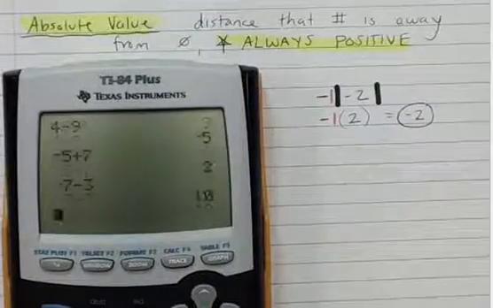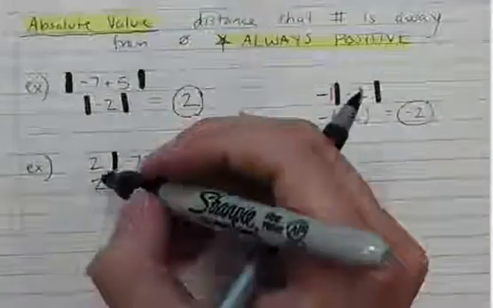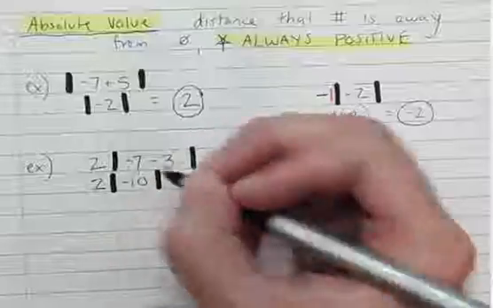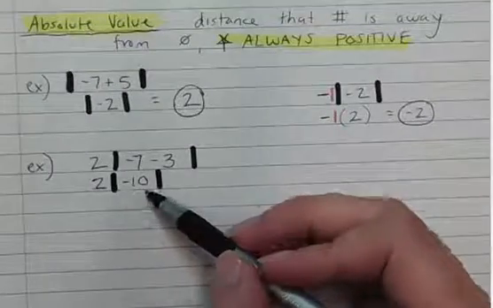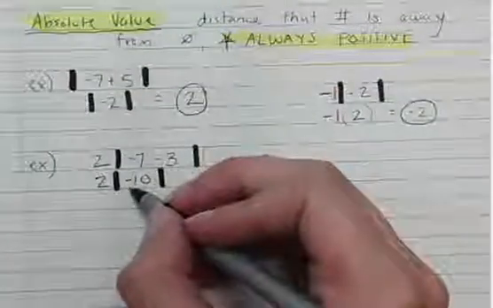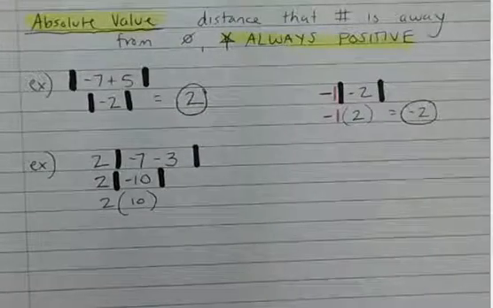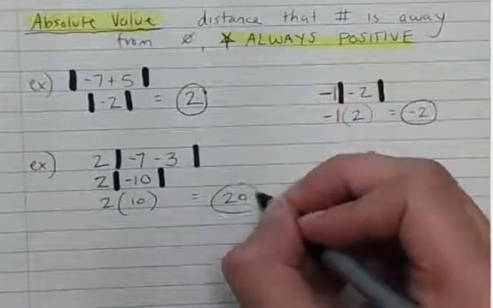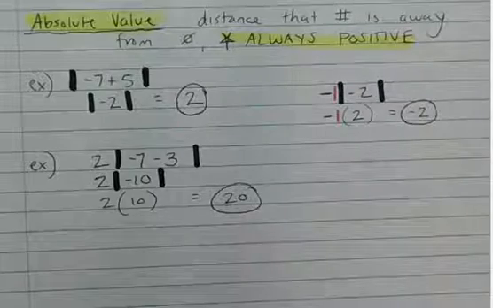Push enter, I get -10. So I have 2 absolute value bars with -10. Since I simplified that down to one number, I asked myself how many units away is -10 from 0, and that answer is a +10. And the last thing I do is multiply 2 times 10, which is 20. Just follow it step by step.